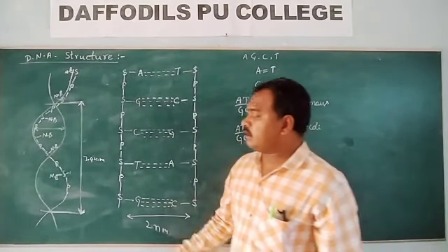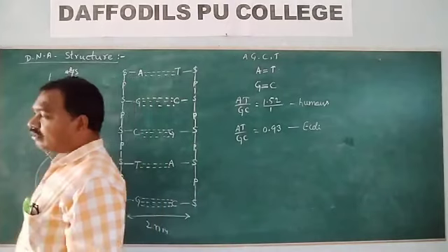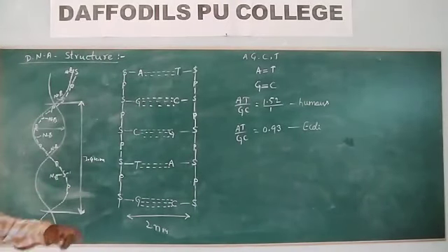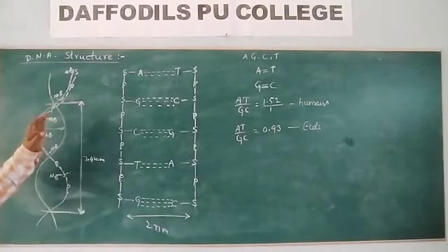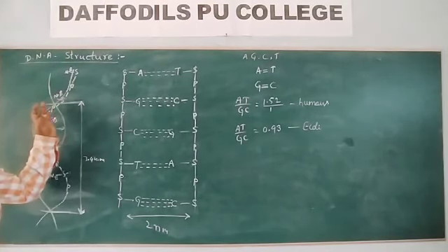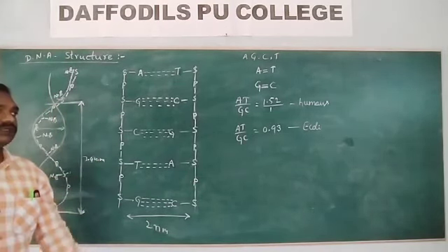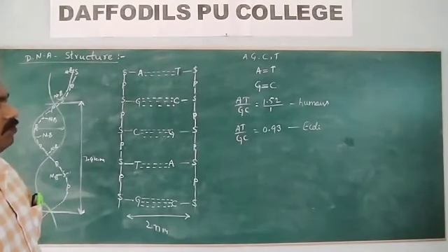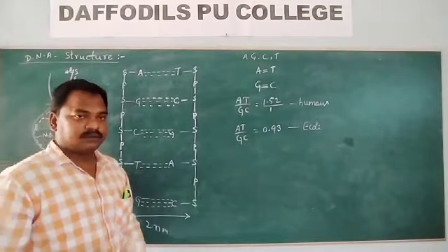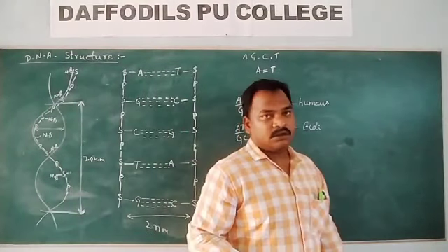So at a 3.4 nanometer length distance, a 360 degree rotation of these helical structures appears. Okay, this is the brief discussion of DNA.